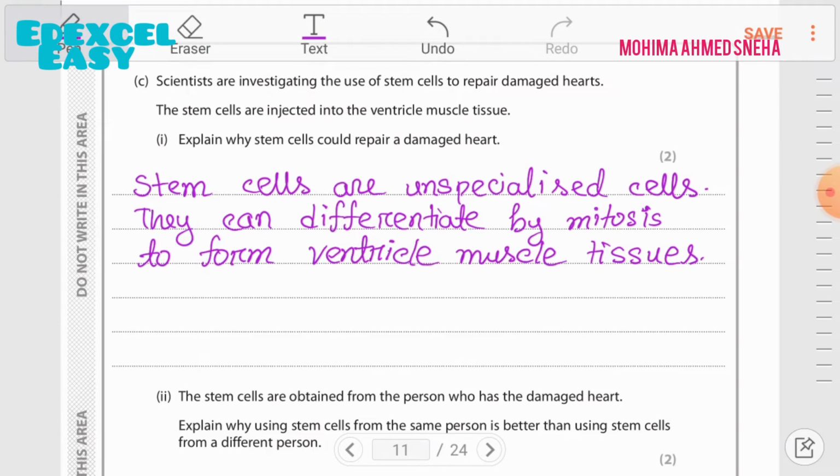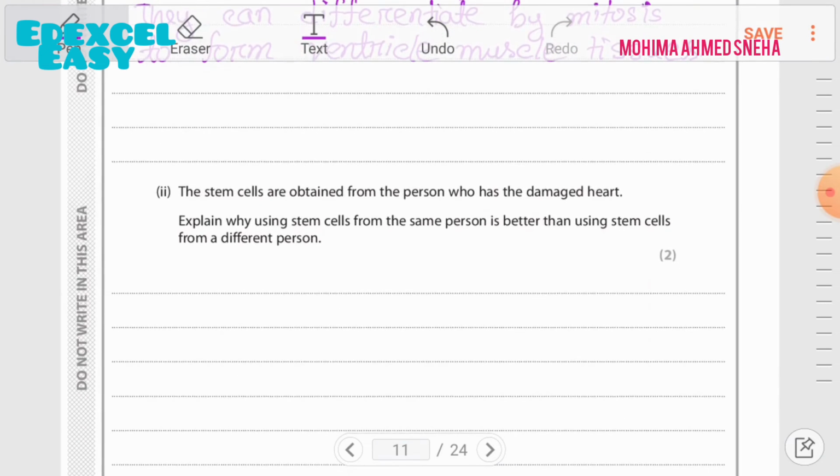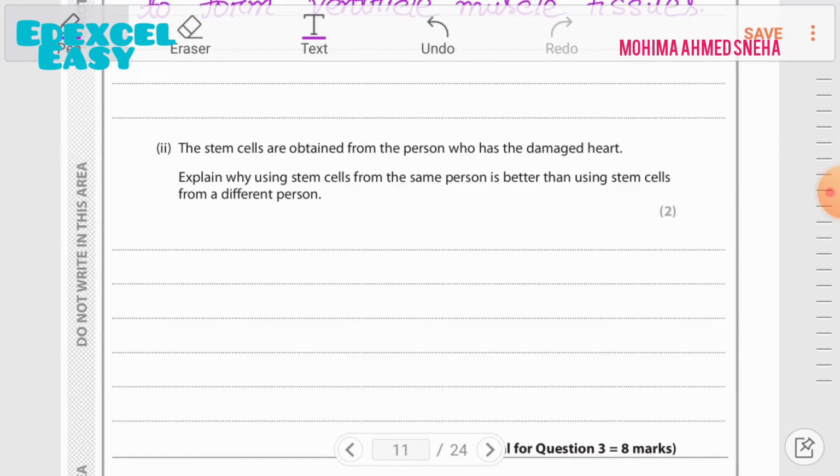Moving to part 2, the stem cells are obtained from the person who has the damaged heart. Explain why using cells from the same person is better than using stem cells from a different person.